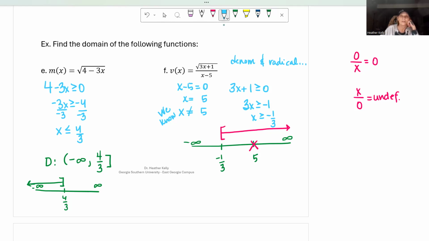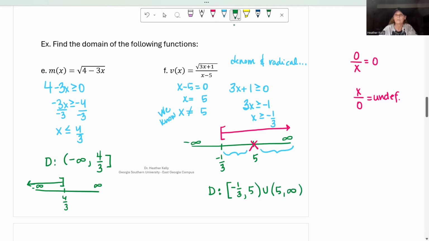So basically, we've got this area right here, and then this area right there. So let's get our domain. Starting from the furthest left, and it can be equal to -1/3 to 5. Can't be equal to 5. Union, other side of 5 to infinity. All right.